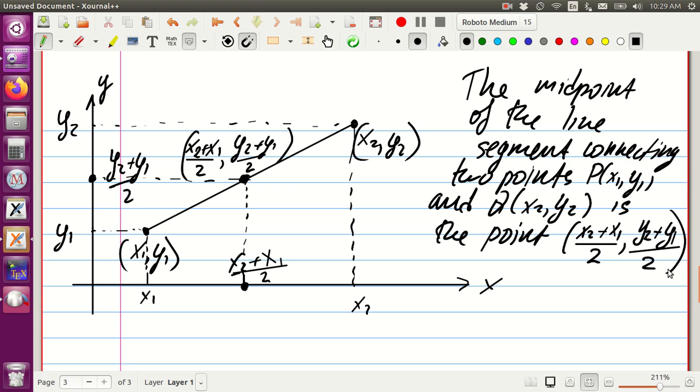That's the definition of the midpoint, and we figured out how to get it.